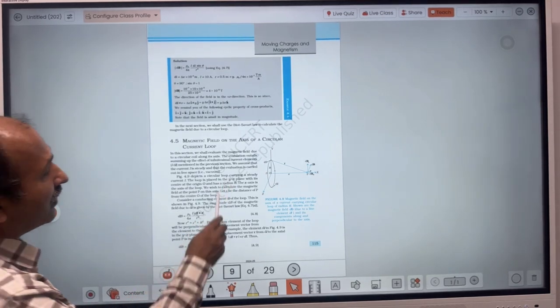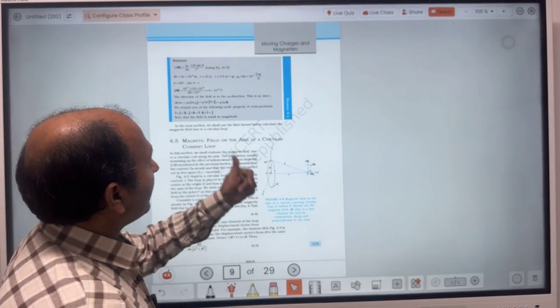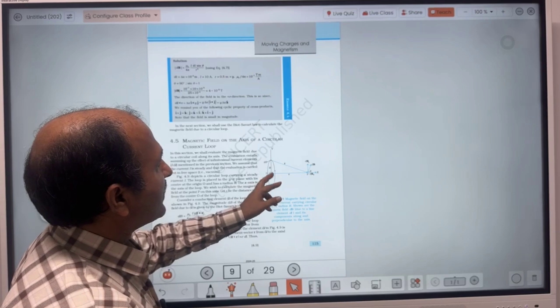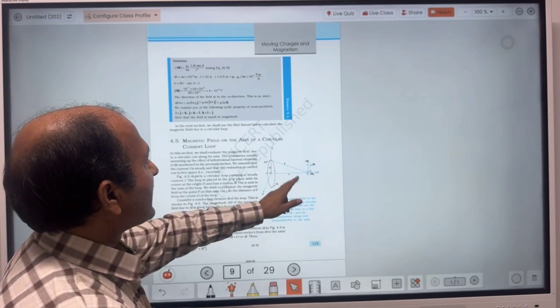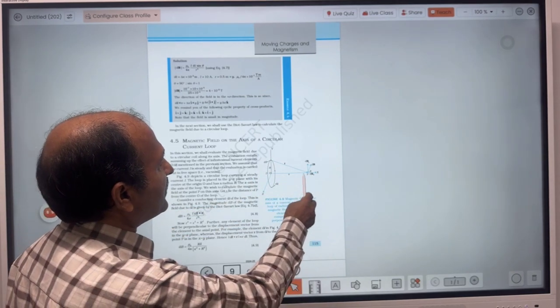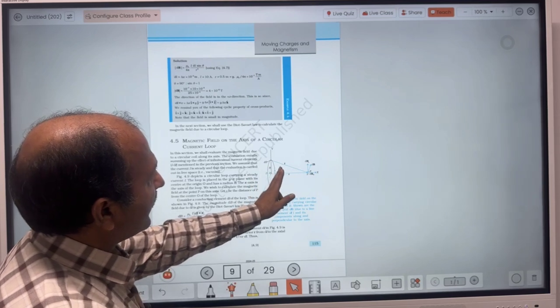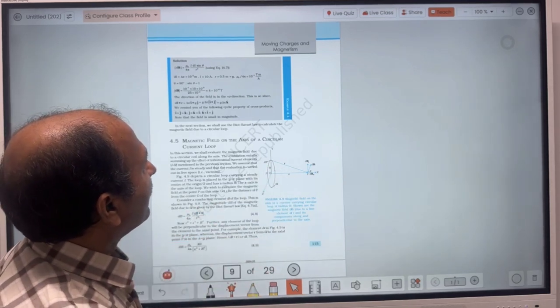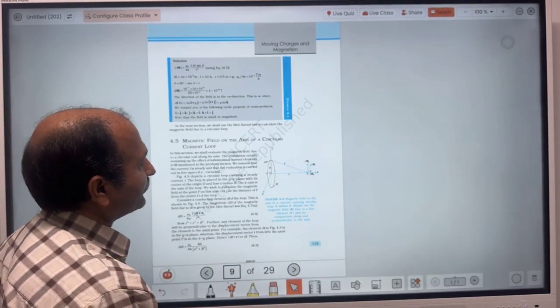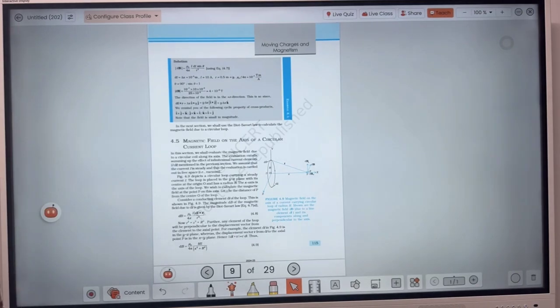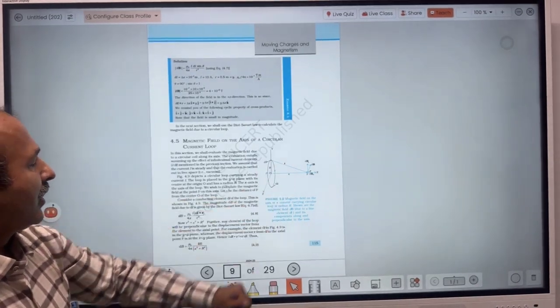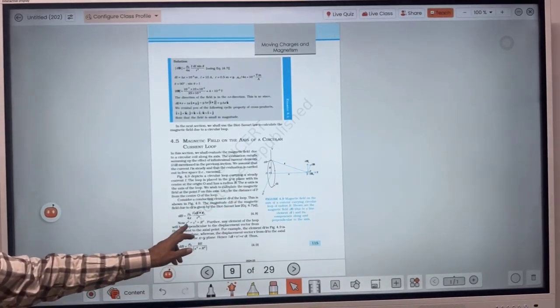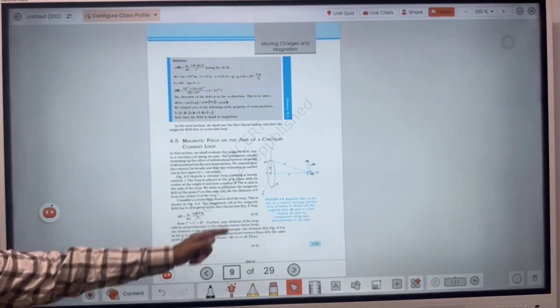So here, when we find the total magnetic field, we will find the sum of all cos theta components. And what would be the cos theta here? Cos theta can be found by x upon r, and again r square equal to x square plus R square can be applied.